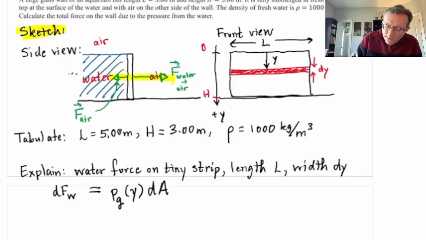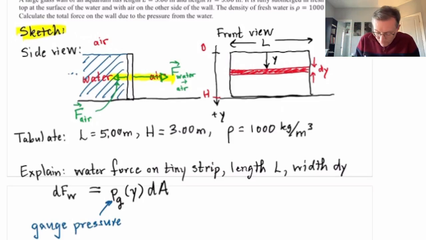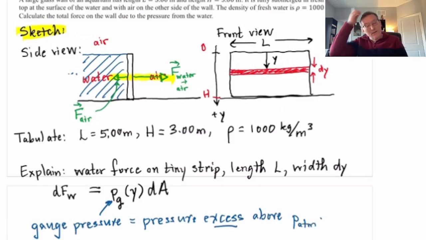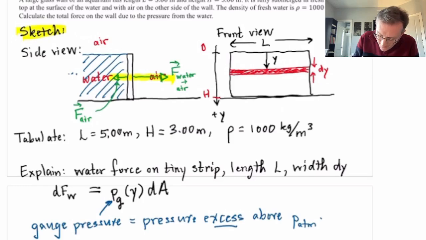Now, I need to say some things about that. So, that notation, P sub G, is called the gauge pressure. You can think of that as the pressure excess above atmospheric. And of course, the dA is the area of that tiny strip that I've drawn in red.